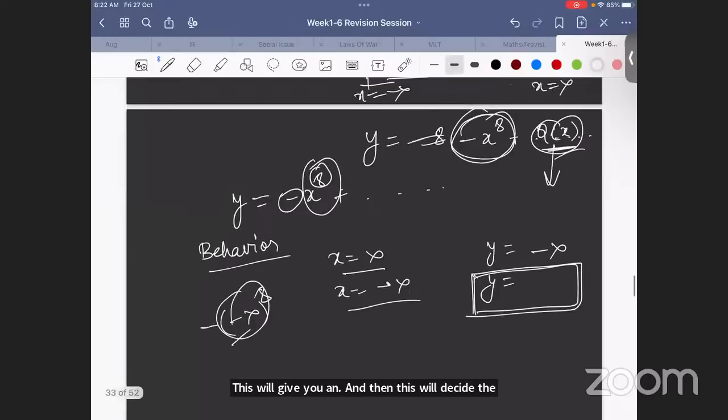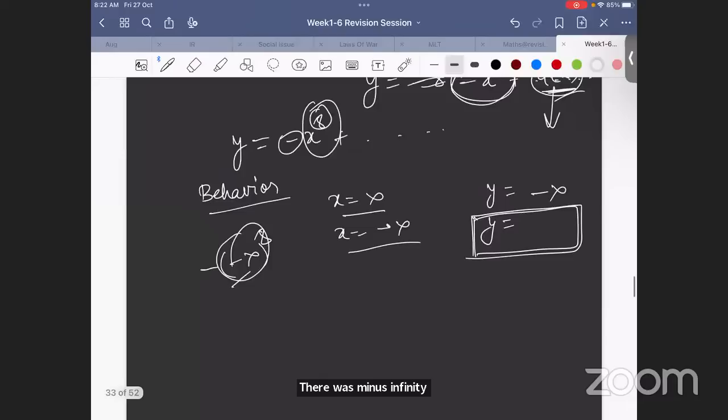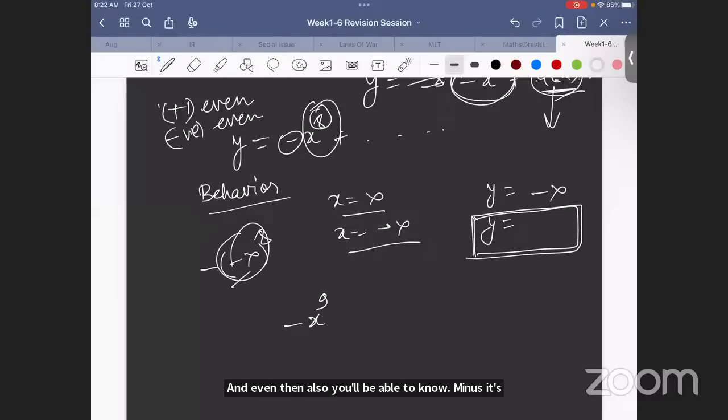So if you have y with a positive and even coefficient, or a negative and even one, you will be able to know the behavior. Now you have been given minus x to the power 9.